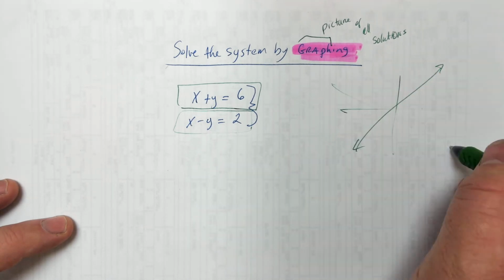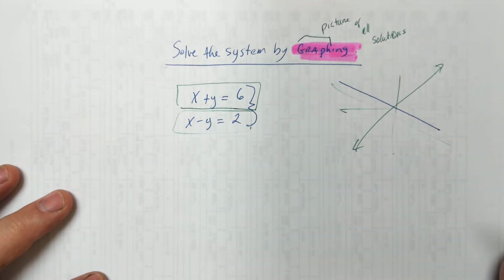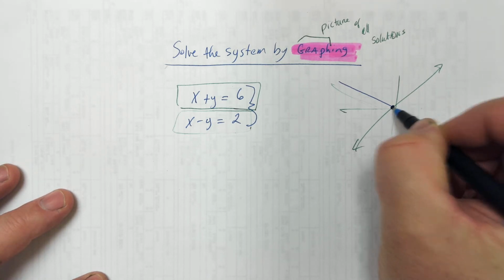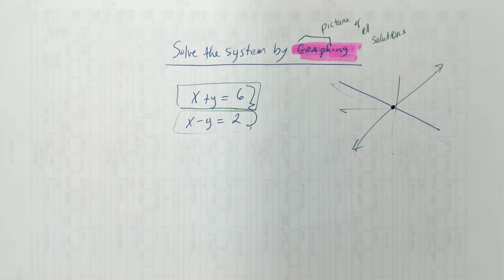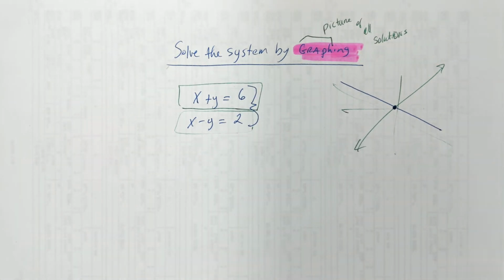So when you graph this equation, it's going to be another line kind of like that. That right there is the point that's the answer to both. Where they cross, that's the point they share. And the point is the answer. This is the point that would be an answer to both equations.